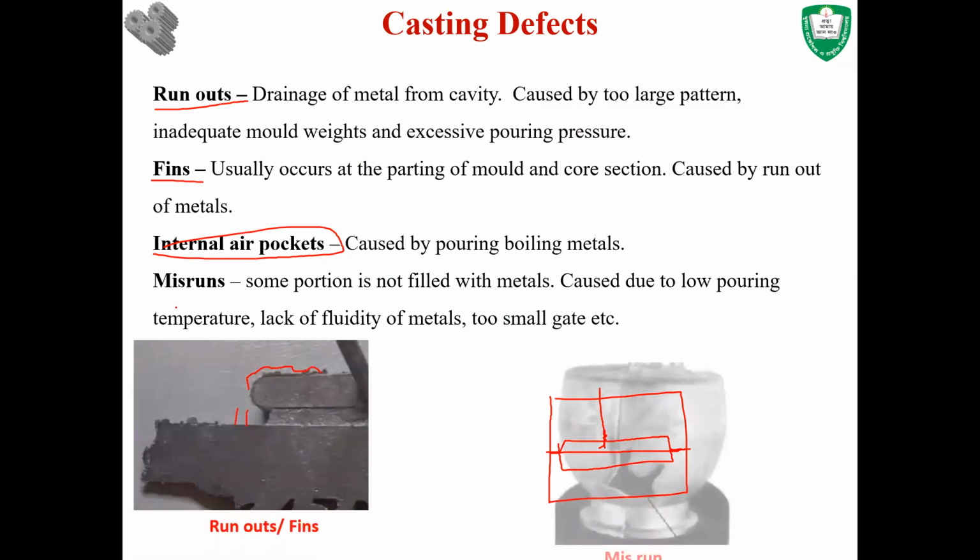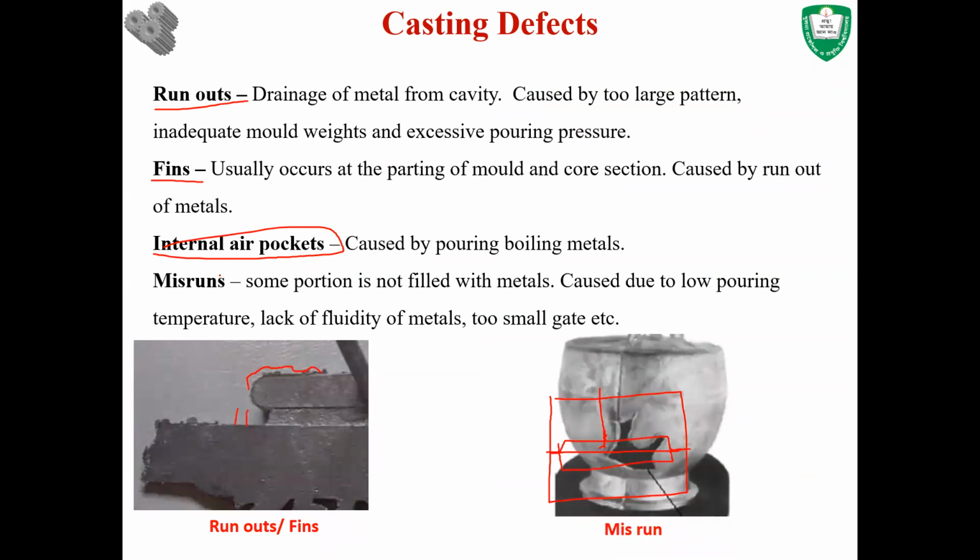And there is the misrun. Misrun is basically when the material is too cold to reach the whole cavity. The material has not reached this region. There is no material in this region, and the whole system gets solidified. Sometimes a lesser amount of material is poured into the cavity.